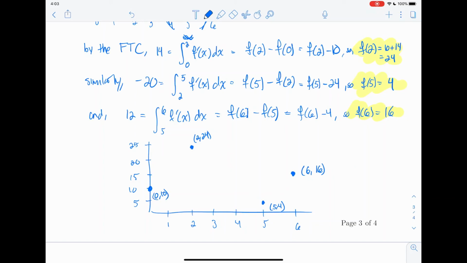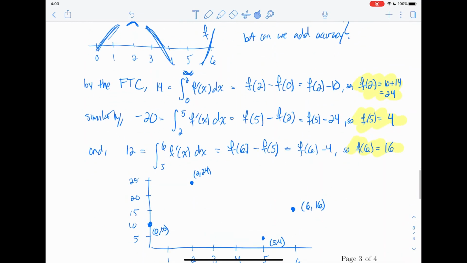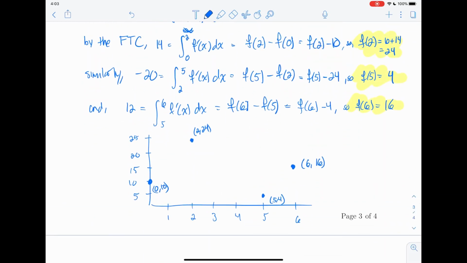And now when you draw the same sketch that we had up here, we have a lot more information to thread through our points. So we're going to have something that looks like this probably. And there it is. This is a much more accurate graph of our antiderivative little f.